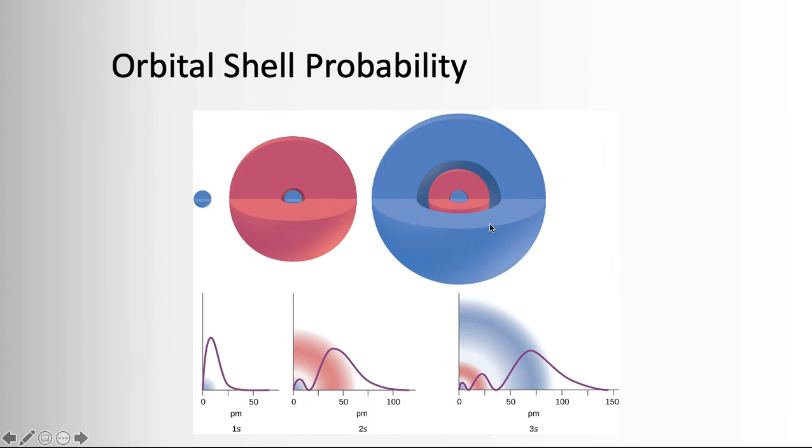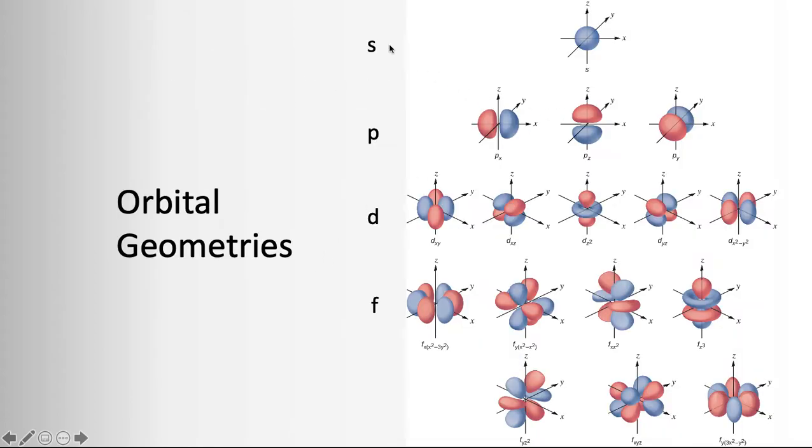This is a subshell of level 1. This is a subshell of level 2, so level 2 has a sphere, but it also has different subshells. And once again, these are just mathematical shapes of the probability of where we would find the electron in three-dimensional space. And this is what it would look like.